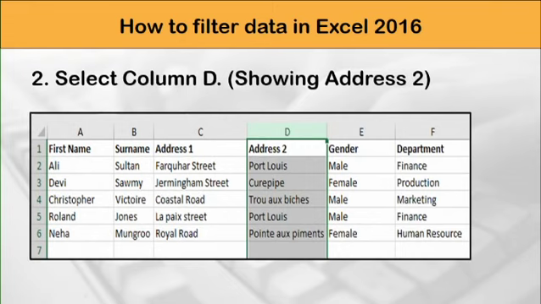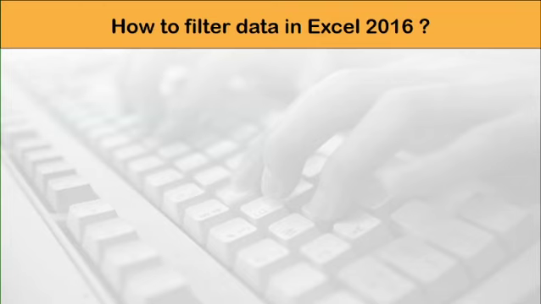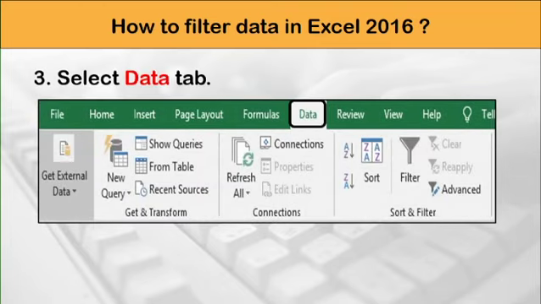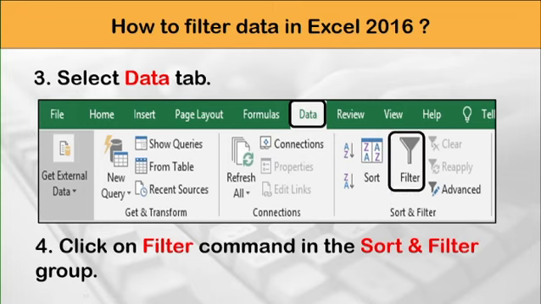The next step is to select column D. Next, select the Data tab and click on the Filter command in the Sort and Filter group.